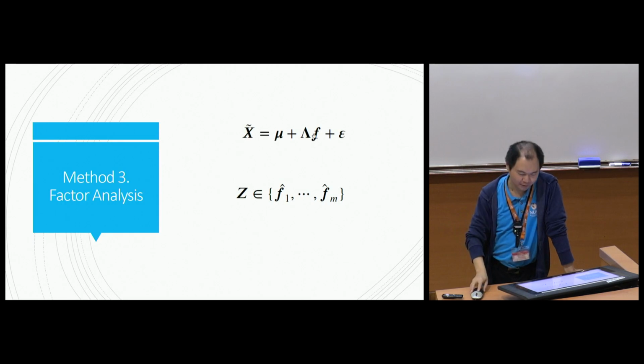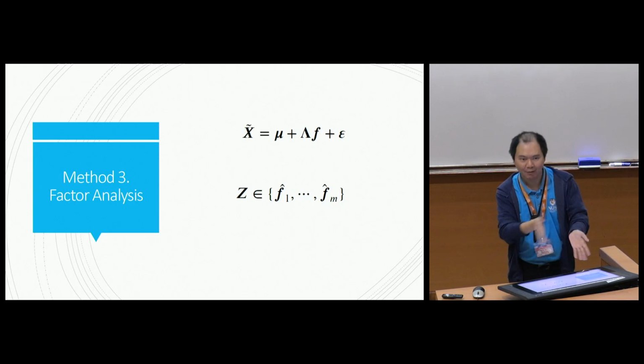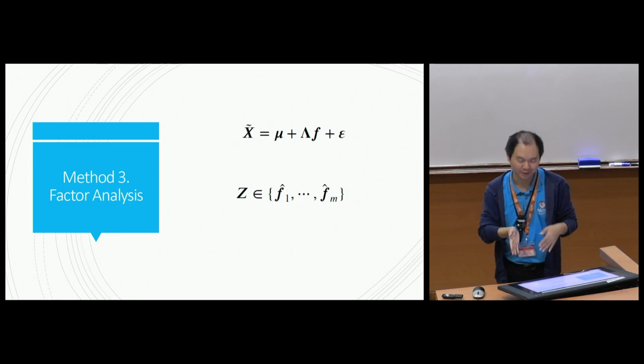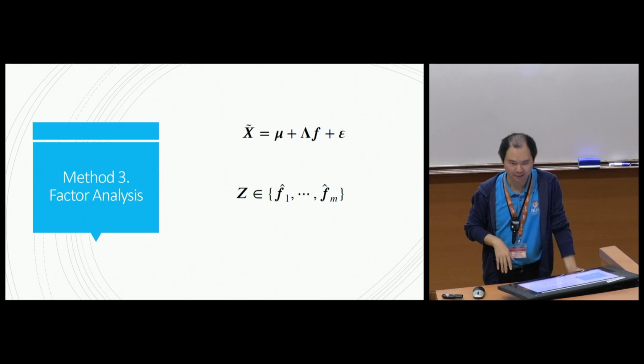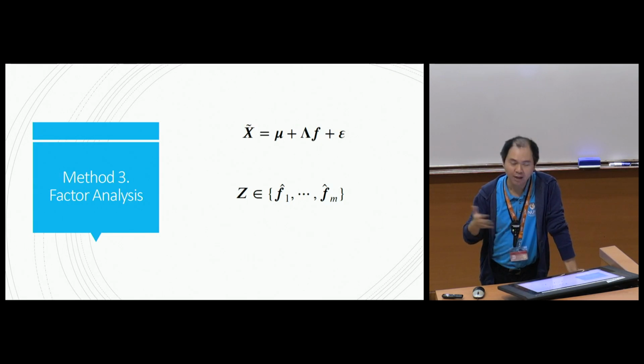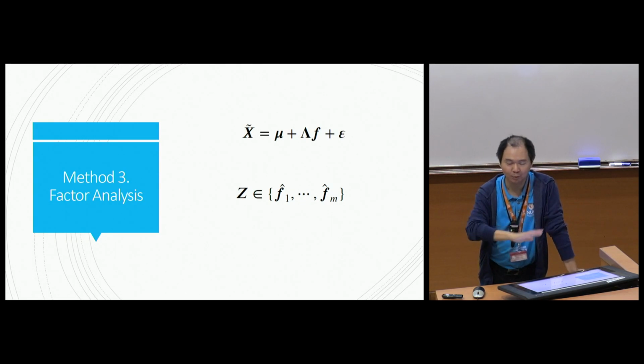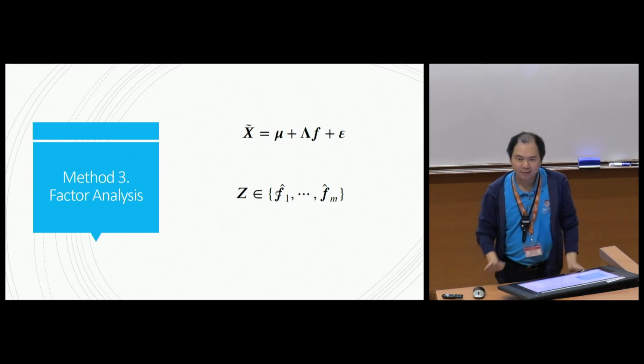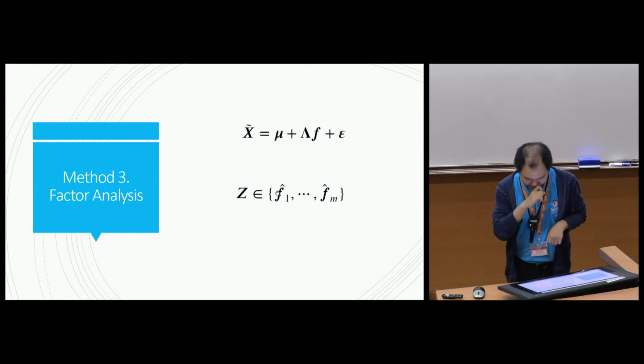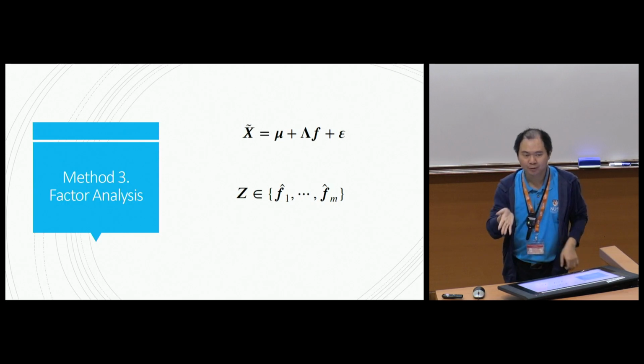These F quantities are called factors. I believe this is usually covered in the undergraduate curriculum already, so it's quite a classical approach. R also has software functions that can do the factor analysis automatically. So it's very straightforward.